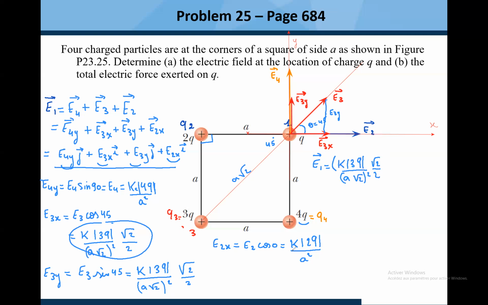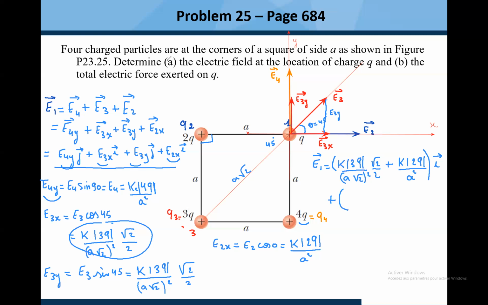E to x, it's here, plus K 2Q over A square. All these values in the direction of I, plus j direction. We have E4y and E3y.